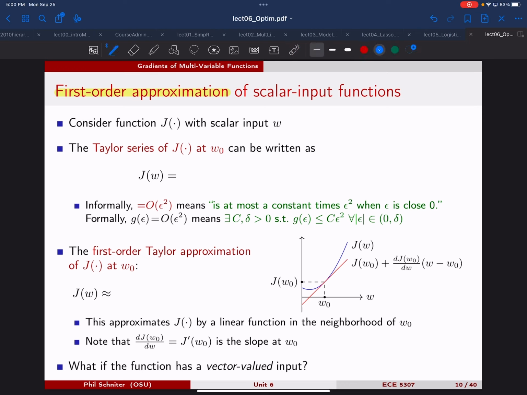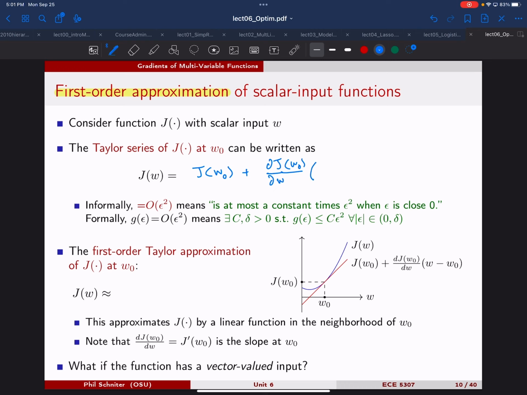So what we do is we take the function evaluated at the place where we're doing the Taylor series. Then we're going to look at the partial derivative of the function with respect to this parameter, w, evaluated at w naught.